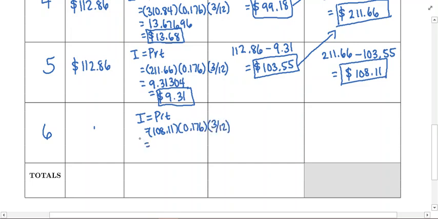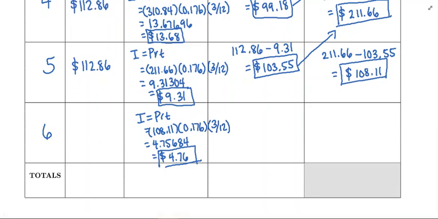If you put that in your calculator, this is going to give you 4.75684. Round this to the nearest cent, so this is going to be $4.76 worth of interest. Now that we know that, we can calculate exactly what our last payment is going to be.